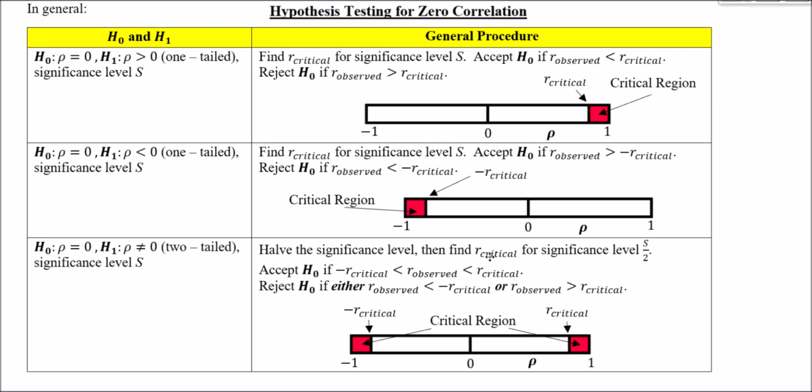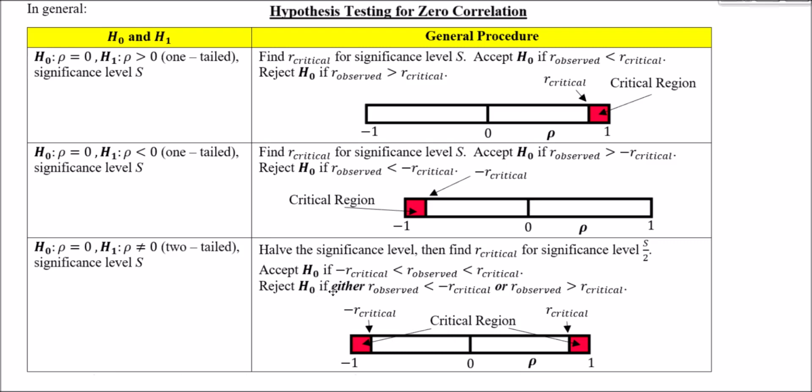You'd still find the critical value for that significance level which you've just halved, S over 2, and you'd accept H0 if your observed value is greater than the negative version of the critical value, but less than the positive version of the critical value. So you accept if it's somewhere between these 2 bits.